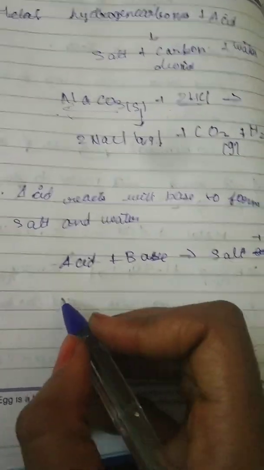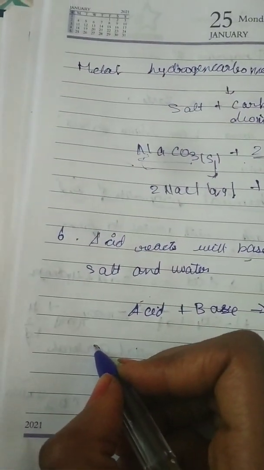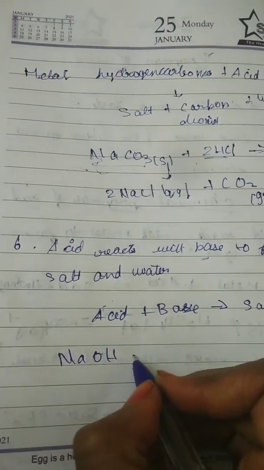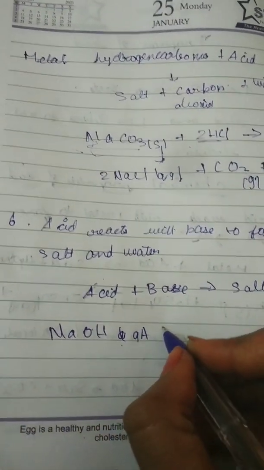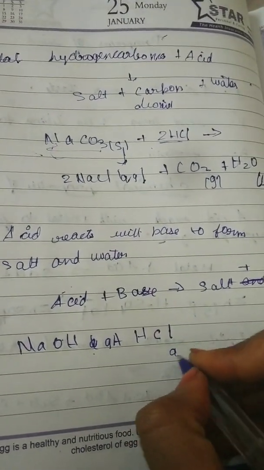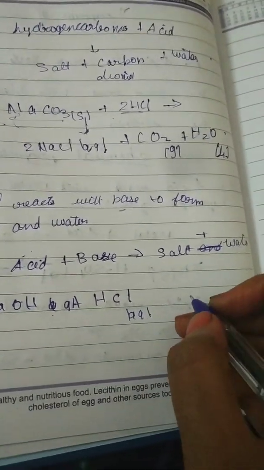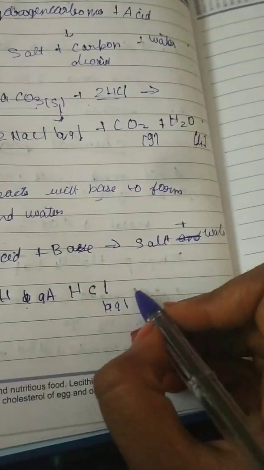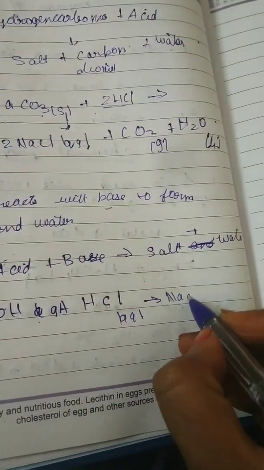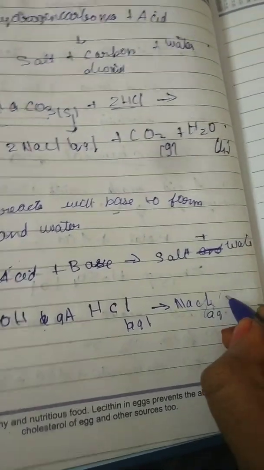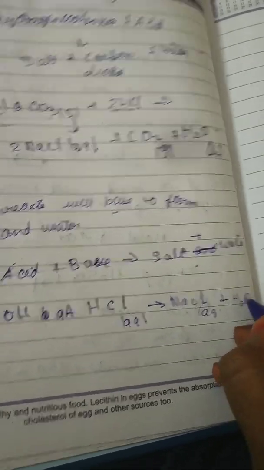We will see an example: sodium hydroxide, NaOH aqueous, plus HCl, hydrochloric acid, also aqueous. That is base reacting with acid or acid reacting with base. We get NaCl, sodium chloride, which is the salt, plus H2O, water. This is the equation we get.